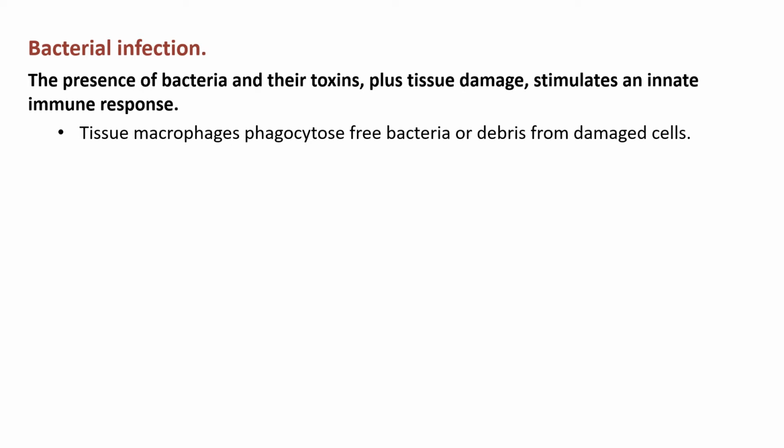Hello, I'm a tissue macrophage. I'm going to phagocytose you and get rid of you. So our tissue macrophages, of course, are already there. They're sitting there waiting. They phagocytose free bacteria or any cell debris from damage that the bacteria have caused.